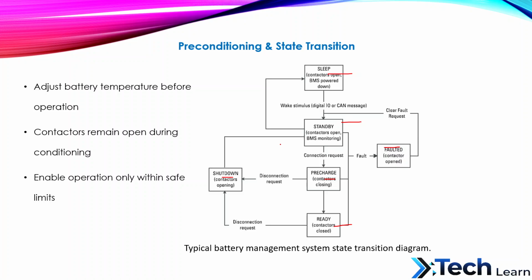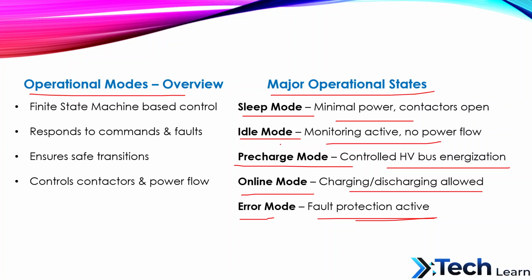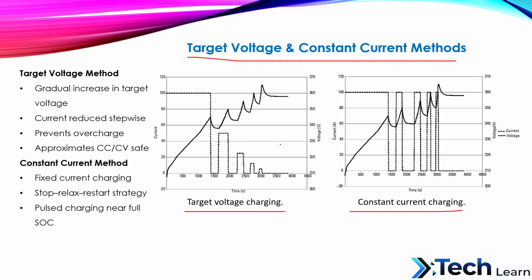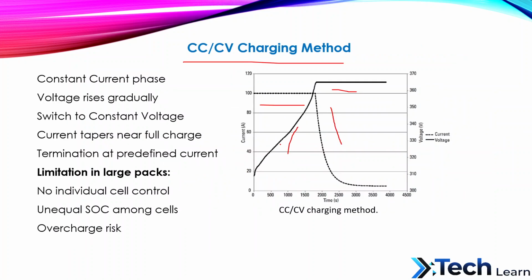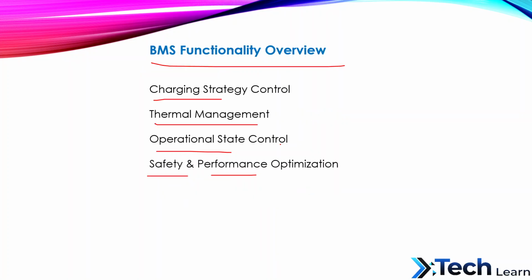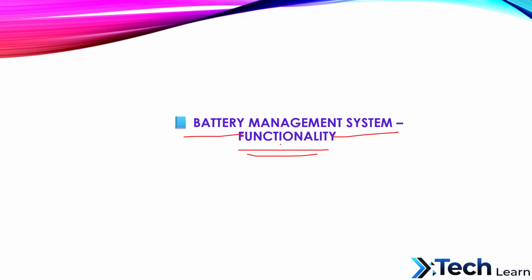Now, the battery management system functionality extends far beyond measurement. It intelligently controls charging strategies. It manages thermal conditions to prevent unsafe situations, and it uses structured operational states to ensure safe transitions.